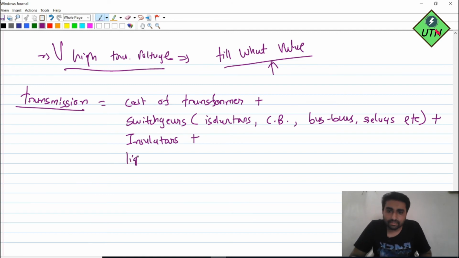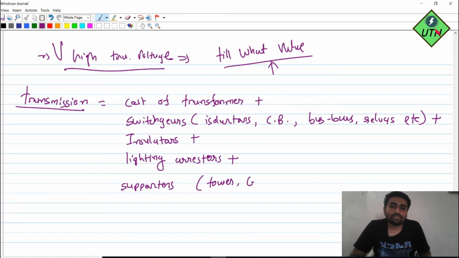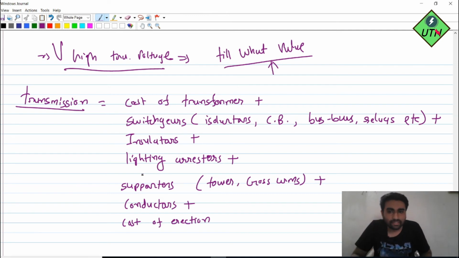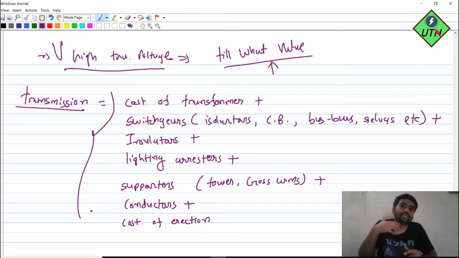Then we have lightning arresters, plus we have supporters. Supporters means the tower, cross arms, all the things covered in the supporters. After that we have the cost of conductors and the cost of erection also, right? So if we talk about the transmission, all this cost we need to take into account.